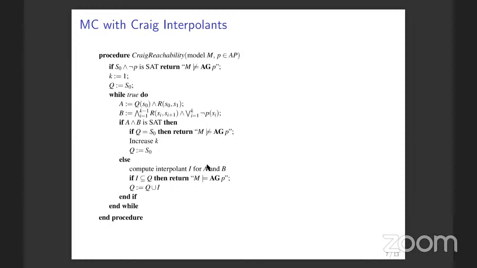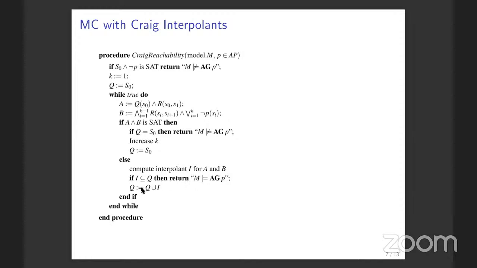If that folds into I, so it's the else part where you do the check to see if you have reached an inductive invariant. If you have, then you know that you have proved it safe. You can conclude that the property is verified.